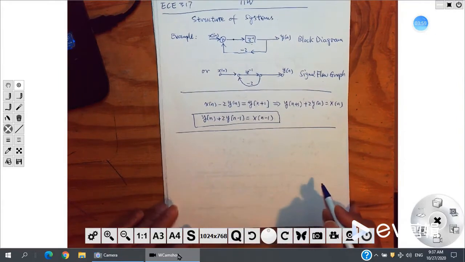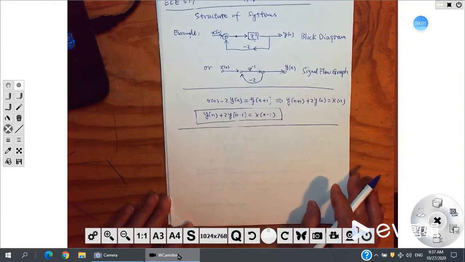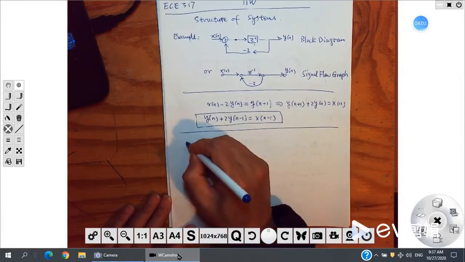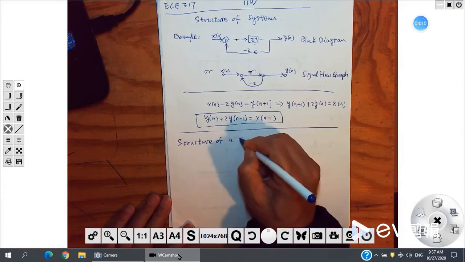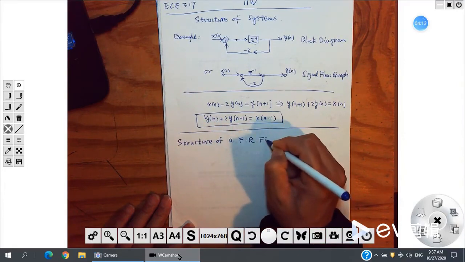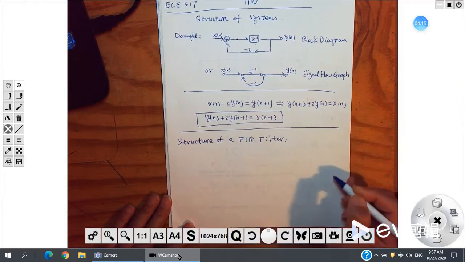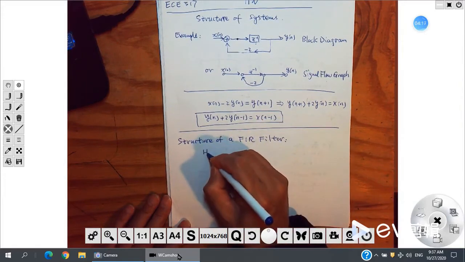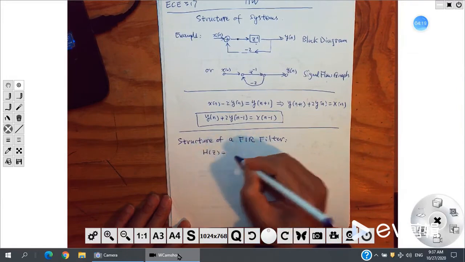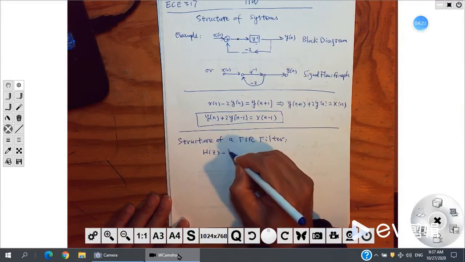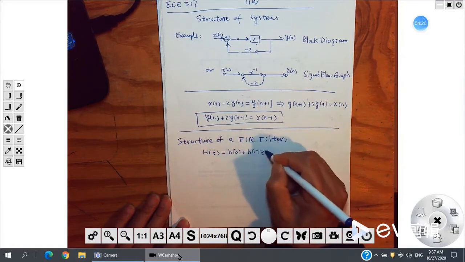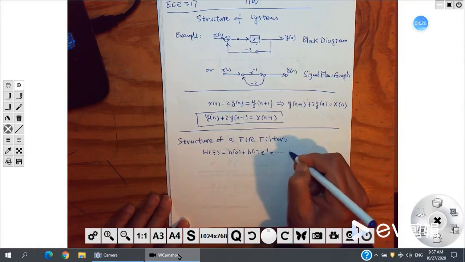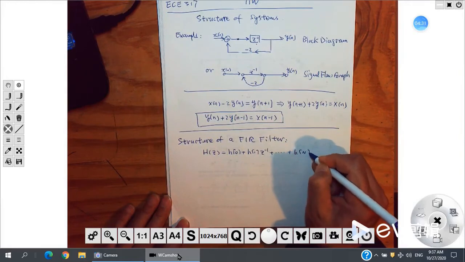And then we consider some special cases of the structure. The structure of the FIR filter. For the FIR filter, the transfer function can be written this way: h of 0 plus h of 1 times z to -1 until h of n z to -n.